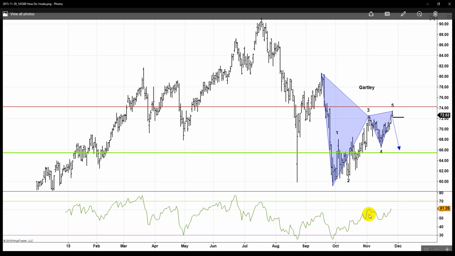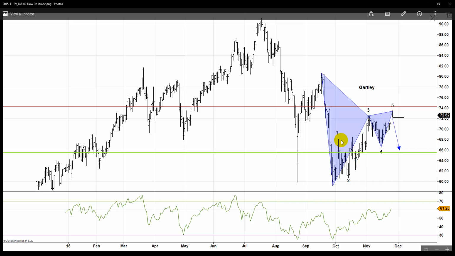I also, many times, like to see a divergence in the RSI down here. This is the daily chart again. So I want to see a divergence, which we don't have. I want to see a pattern setting up or completed, or at level 4 where it needs to complete.